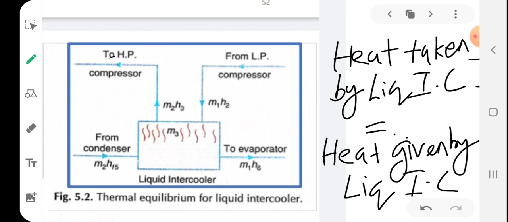So what do we mean by heat taken by the liquid intercooler? A stream is entering the liquid intercooler, so this particular heat is m1 into h2.